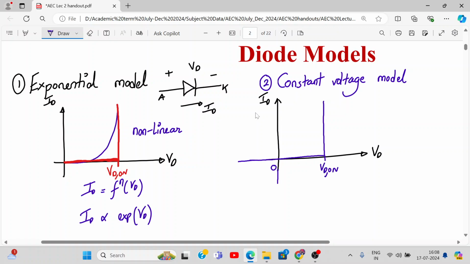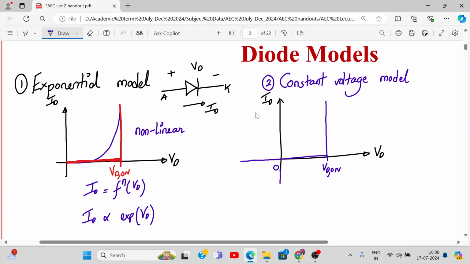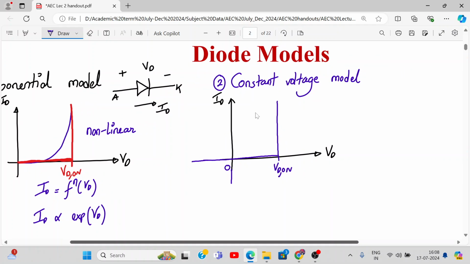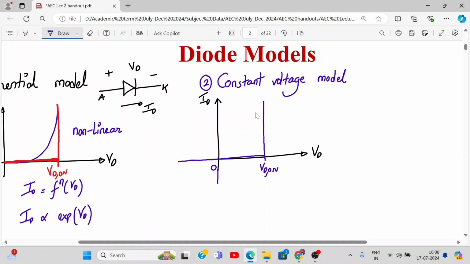What is VD on meaning? The on voltage of the diode, the turn on voltage of the diode, after which it starts conducting. So what were the conditions? If the applied voltage VD were greater than VD on, and by the way, this VD on was how much value? 700 to 800 millivolts. If applied voltage VD is greater than VD on, then the diode D is on.